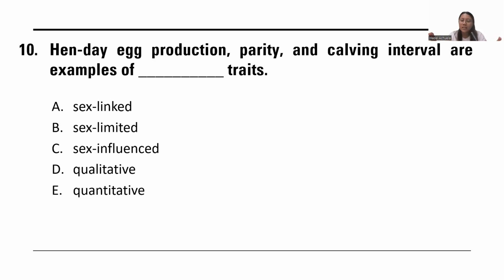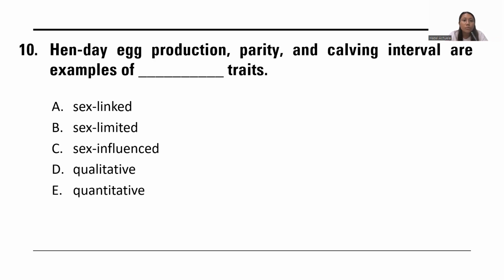Pag naman quantitative trait, ang halimbawa ng quantitative trait ay weight. Halimbawa, weaning weight. Weaning weight ng baboy, sabihin natin. Ang phenotype ng weaning weight ay maaring 10, 10.1, 10.2, 11, 11.5, 15, 15.1, etc. Quantitative traits, the phenotypes for quantitative traits are continuous variables.